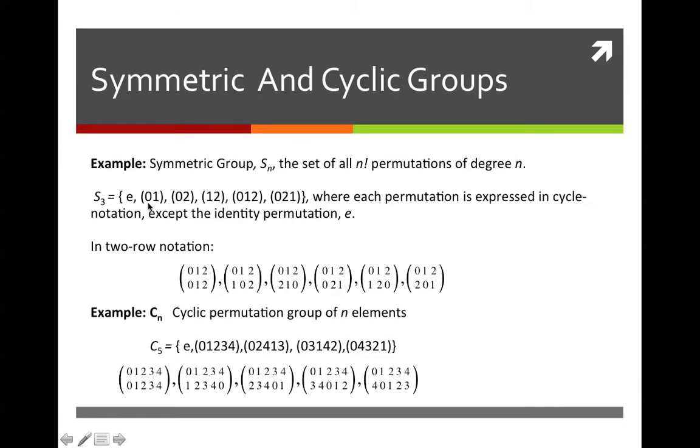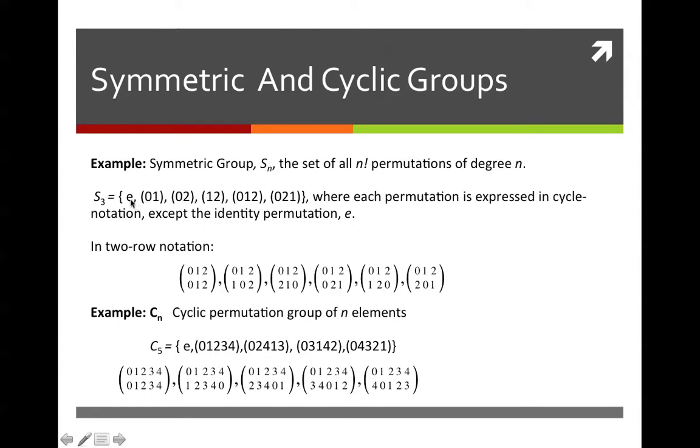And all this means is that 0 goes to 1 and 1 goes to 0. And likewise, this means 0 goes to 2 and 2 goes to 0. And here, for example, 0 goes to 1 and 1 goes to 2 and then 2 goes to 0. So that's the cycle notation with which we express these permutations.